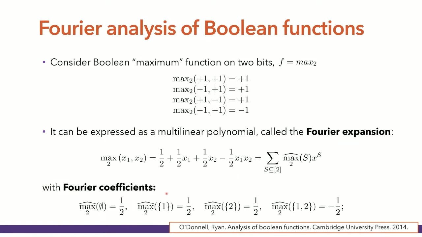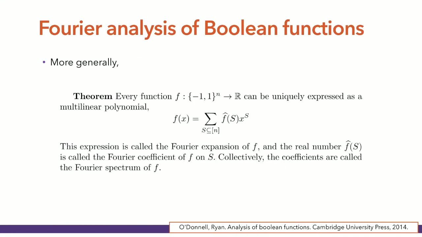And so this multilinear polynomial is actually a Fourier expansion of this Boolean function, and these coefficients are the Fourier coefficients. There is a result showing that this multilinear polynomial always exists and is unique. So for a given objective function, we have a unique multilinear polynomial representing it.